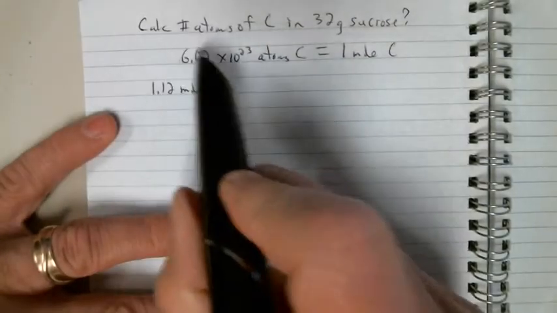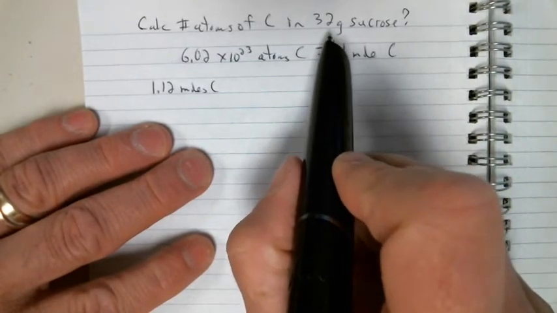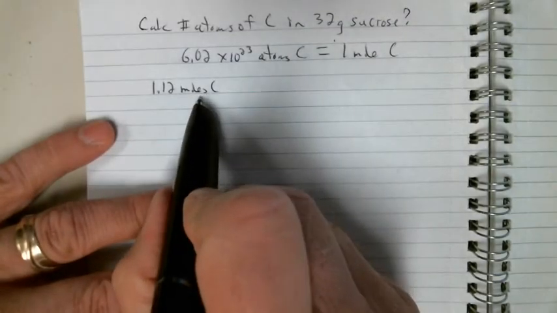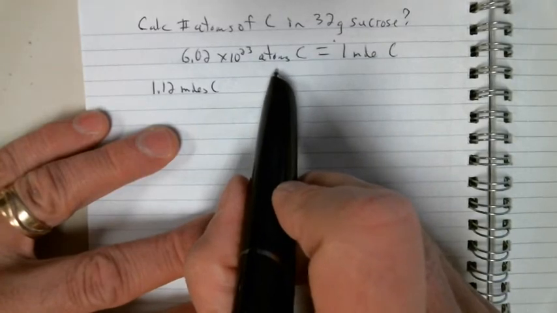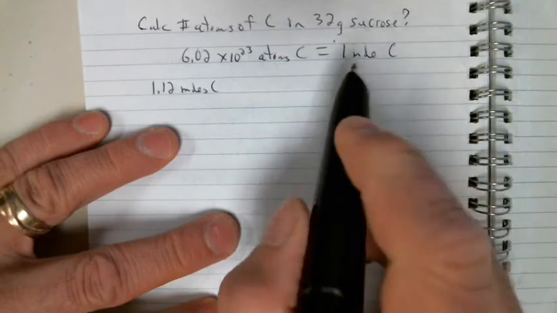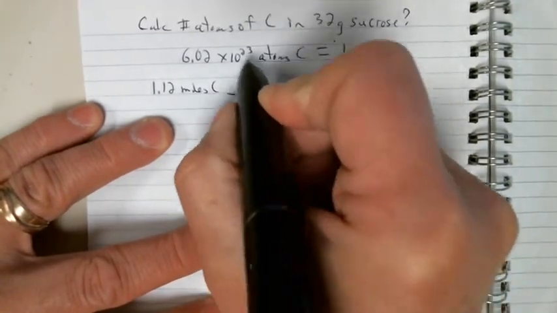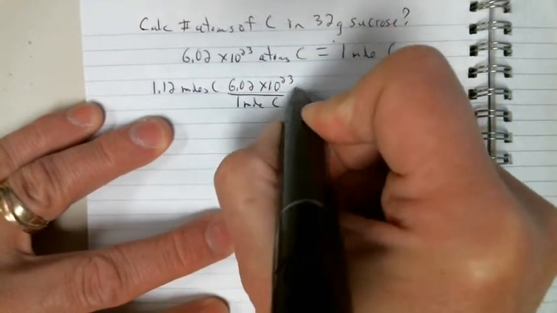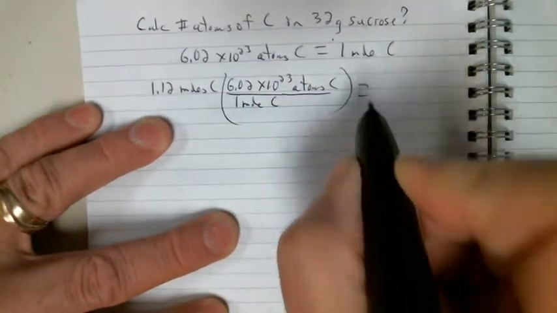If you had to do this without that, you'd have to go 32 grams of this, grams to mole, through every step that we just did, and then take your moles of carbon. What are we going to do with this equality? We're always multiplying by 1, so we put moles of carbon on the bottom so that it cancels, 1 mole of carbon, and Avogadro's number on the top. And I'm going to write atoms of carbon just like that.